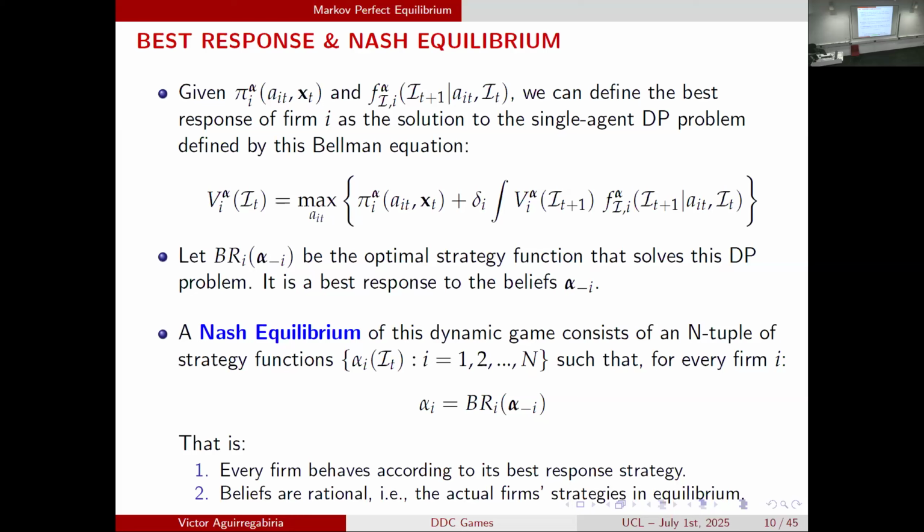Then you can consider any particular choice of calligraphic IT, and we will have a dynamic game with a particular type of Nash equilibrium conditional on this type of information. Okay? Then basically, all the results that I'm going to present here about estimation and solution of these models apply to this model.